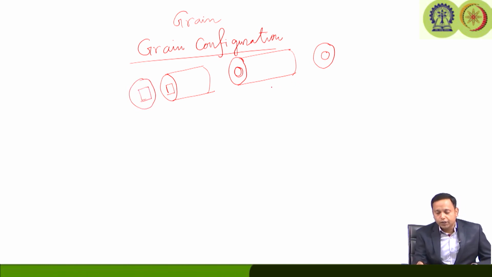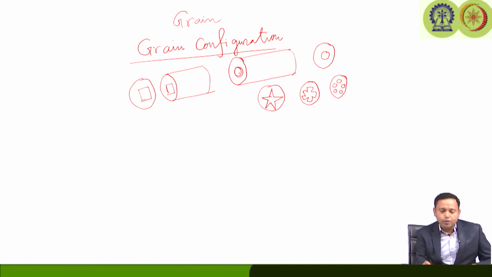It may have a star shape, it may have some wagon wheel, like this, it may have multiple cylindrical holes. So, multiport geometry.